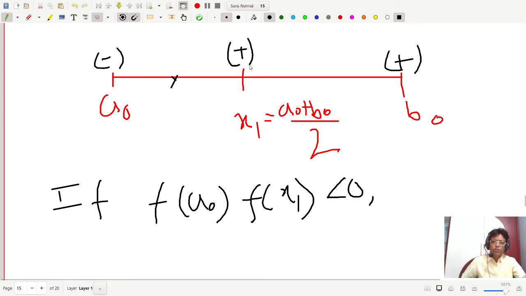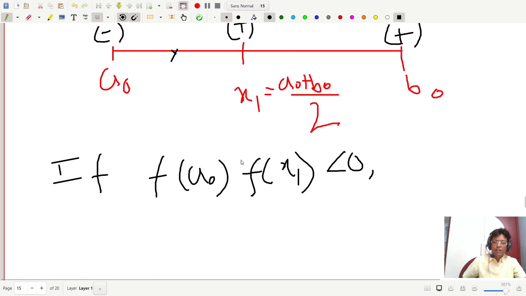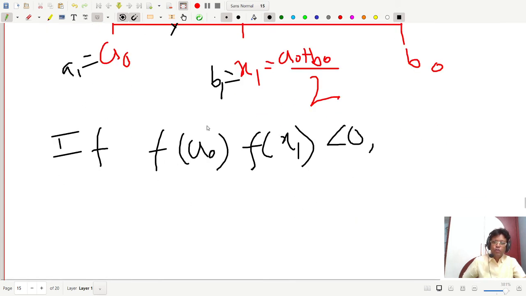Negative and positive means the interval contains the root. So this interval is actually a1 and b1, suppose. Again, this interval [a1, b1] contains the root.